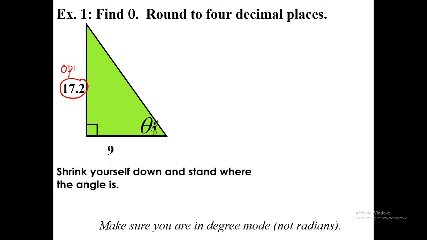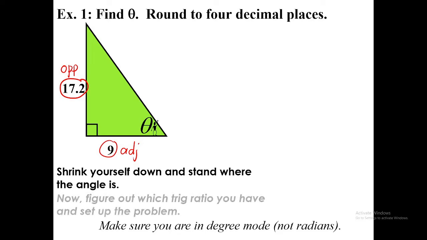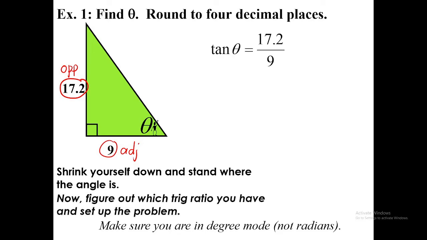What about 9? Adjacent. And what is the function that you're gonna use? Is it sine, cosine, or tangent? Tangent. So tangent theta is equal to 17.2 all over 9. So what are you gonna do over here?